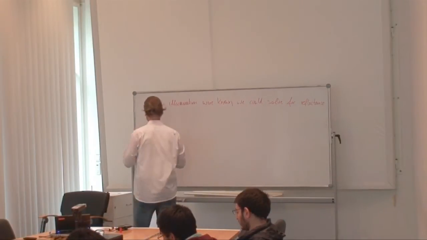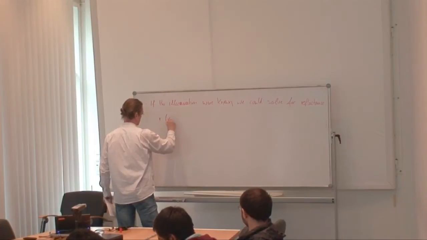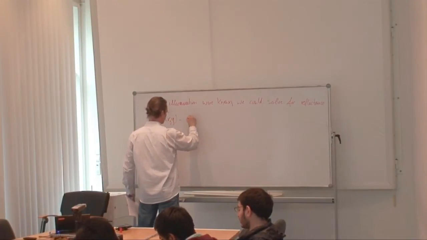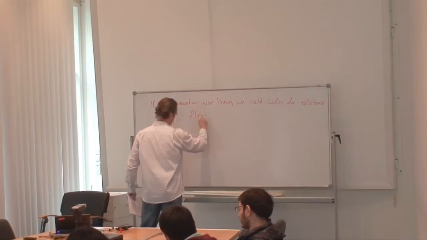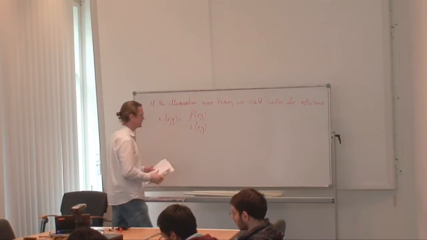This is really straightforward. If we knew the illumination function, then we could compute the reflectance function as the image we are given divided by the illumination.